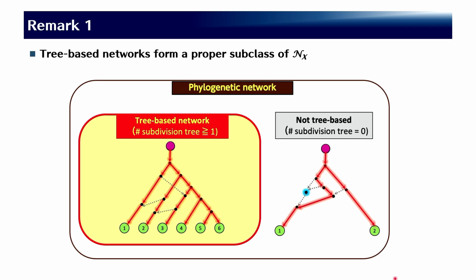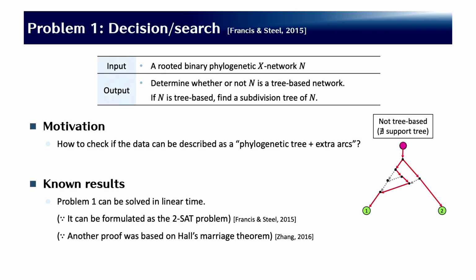The network on the right is an example of such a network. From this observation, it's natural to ask, given a phylogenetic network N, how to determine whether N is tree-based or not, and how to find a subdivision tree of N if N is tree-based. This is what the decision and search problems are asking for.